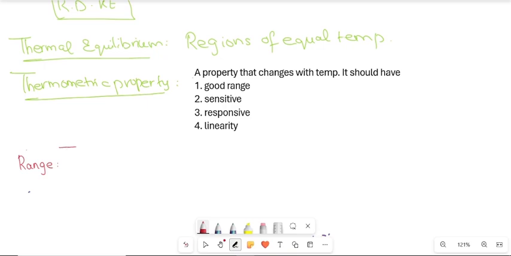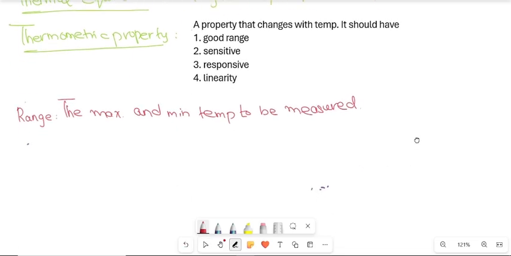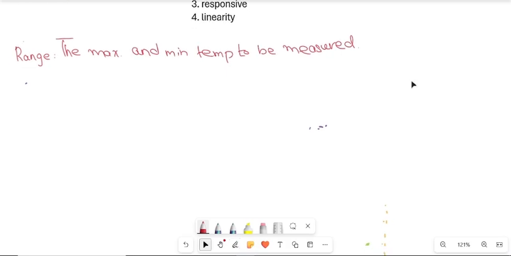So the max and minimum temperature to be measured. If you see in a thermometer, you see 0 degrees and then you go up and you see the maximum temperature as well.